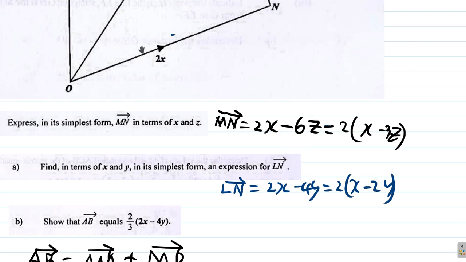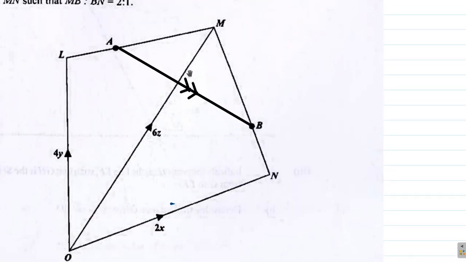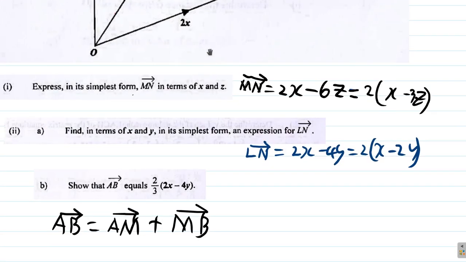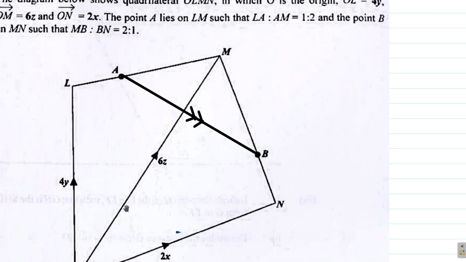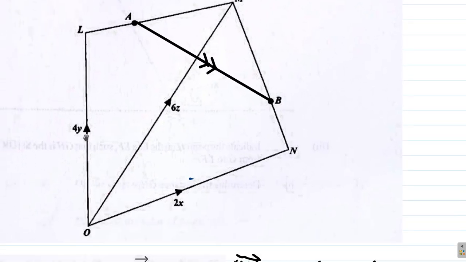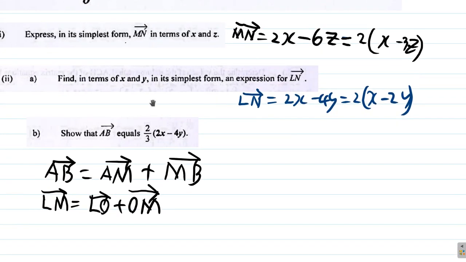All right? I think I'd worked that out before, but erased it. Well, let's look at it again. LM is LO plus OM. But LO is negative 4y and OM is 6z. So LM is negative 4y plus 6z. All right?